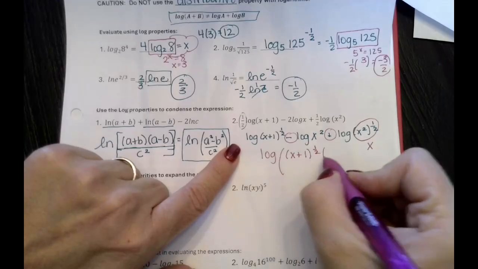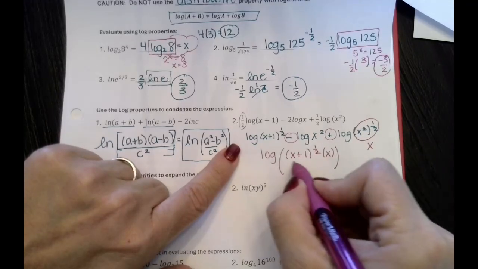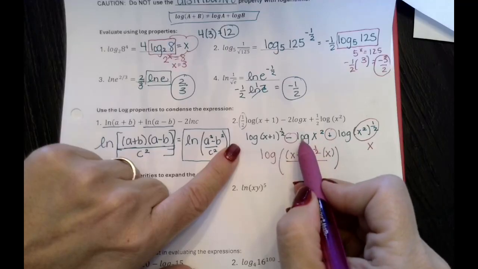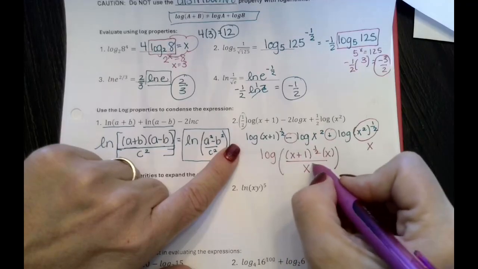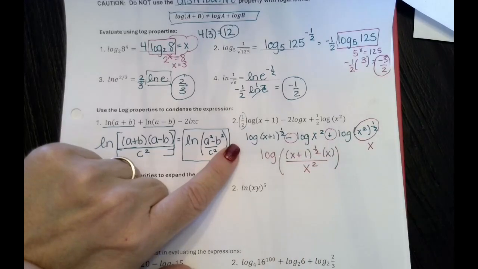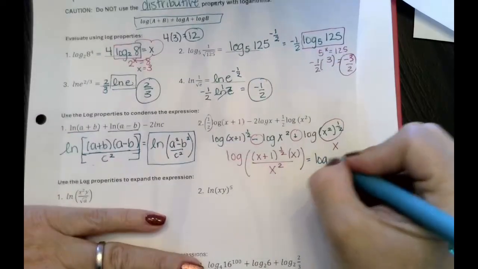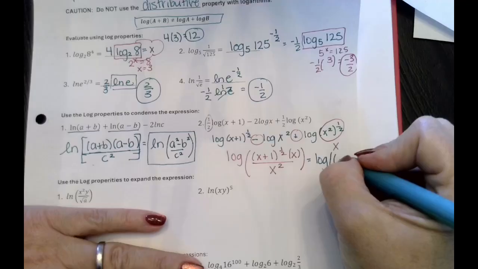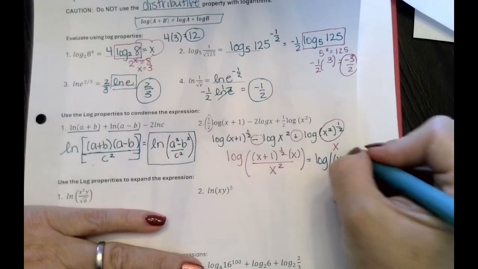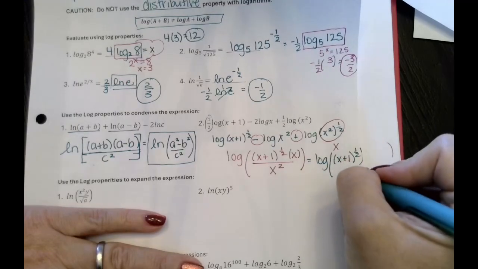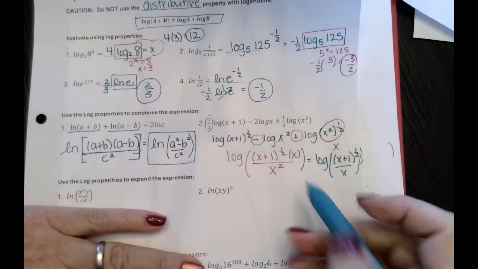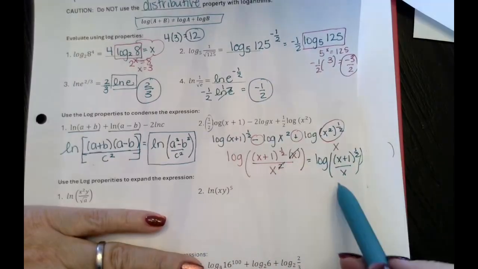So all of this is just multiplied by x. Now this is subtraction. This is in your denominator, so this is going to be x squared. Now I could go in and simplify it and do one more step here, so I would have log of x plus 1 to the 1/2 power, all over x. I could cross this x out with this x, and this is what I would have.